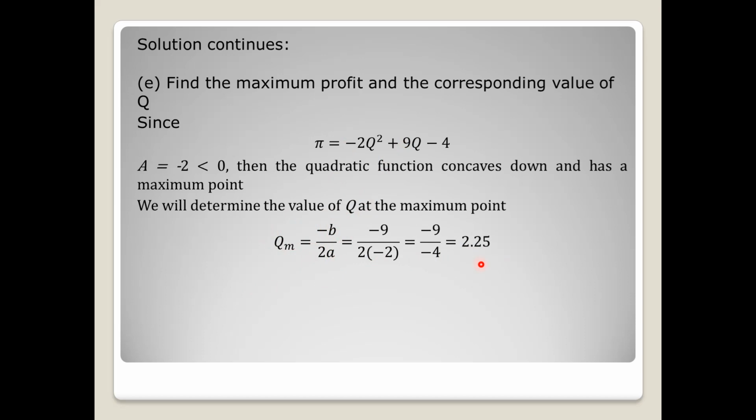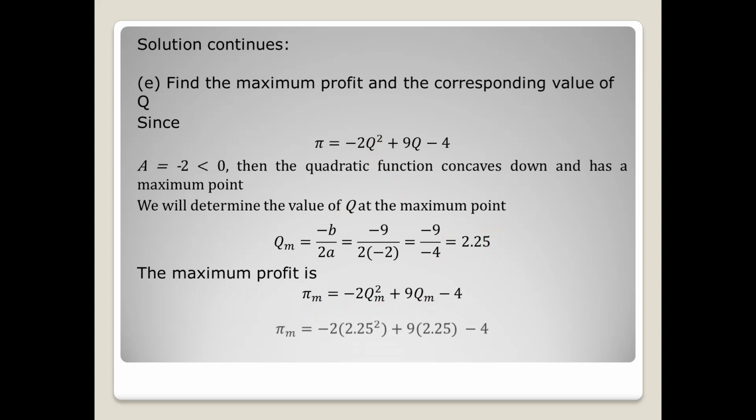If we take this value of q and plug it here, then we can calculate the value of the profit pi at the maximum point. We will call it pi m. So substituting q here by qm, which is 2.25, we will get the value of the maximum profit, which is 6.125.